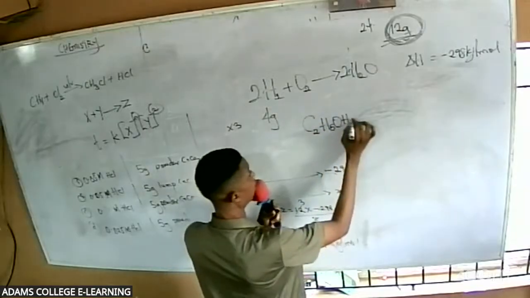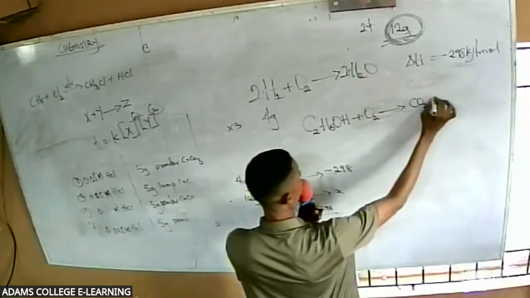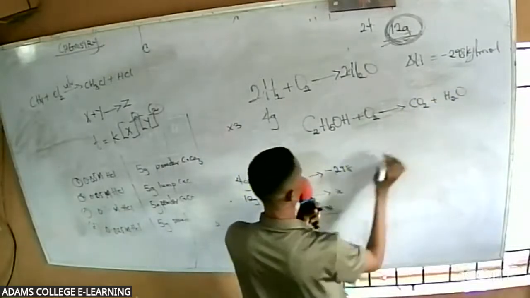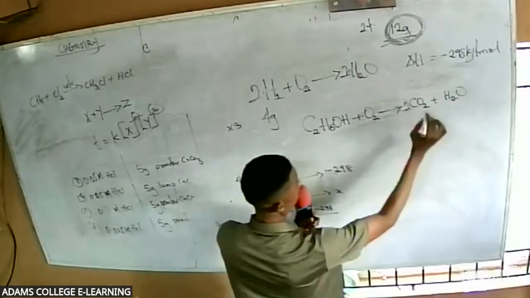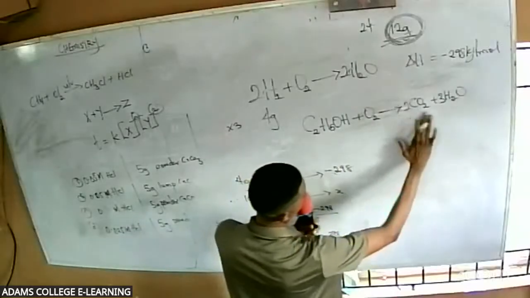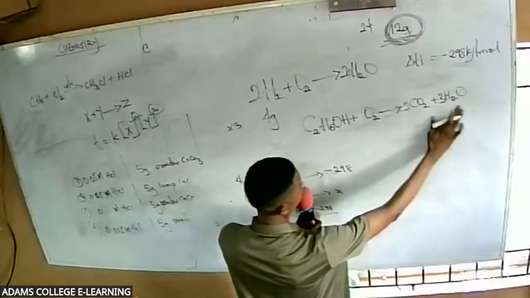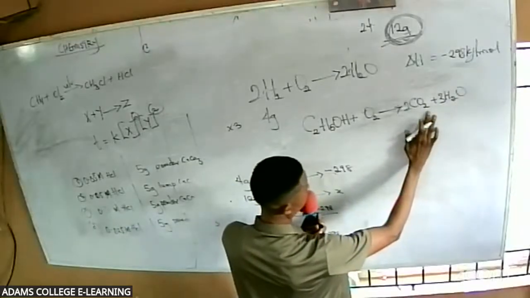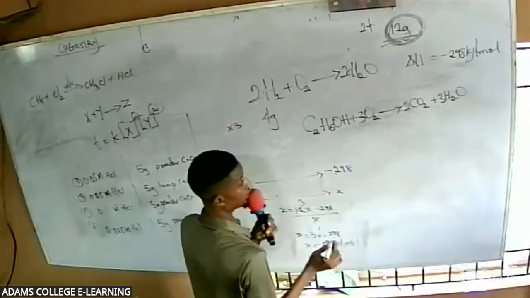If this undergoes combustion, the product will be CO2 plus H2O. So if I put 2 here for carbon, right? I think hydrogen is 6. Then what is the total oxygen we have here now? 2 times 2, 4, plus 3 gives 7. So we can put 3 here, right? Is the equation balanced? Okay.